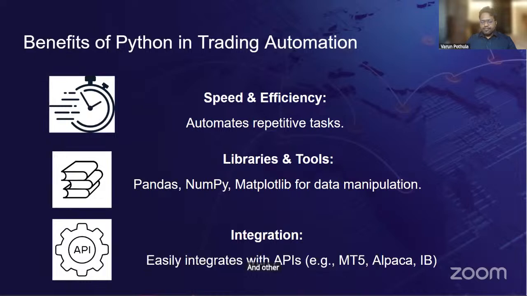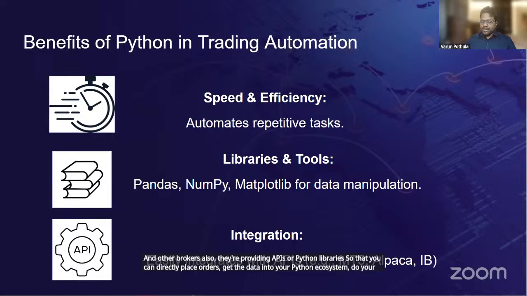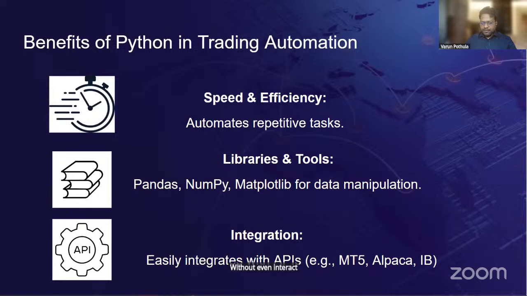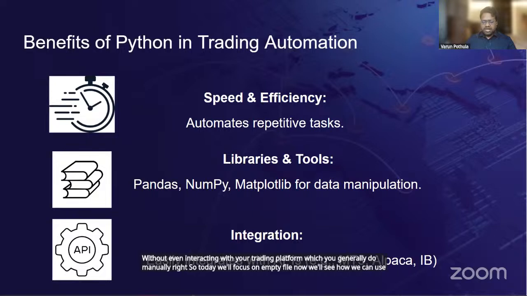They're providing APIs or Python libraries so that you can directly place orders, get the data into your Python ecosystem, do your analysis, place orders and automate the entire process without even interacting with your trading platform, which you generally do manually, right? So today we'll focus on MT5. We'll see how we can use the Python library to get the data, do our analysis, generate trading signals, place orders, cancel them, etc.